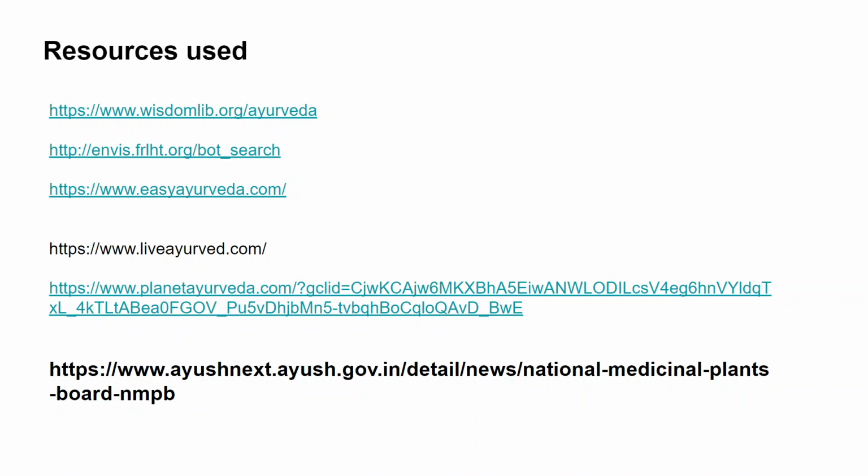And fortunately or unfortunately, the number of Nighantus is quite huge. You have more than 20 or 25 Nighantus available, and most of these Nighantus may not have a uniform opinion about a specific plant. So it's quite difficult to make out exactly which is the real plant, which is the target in that context.